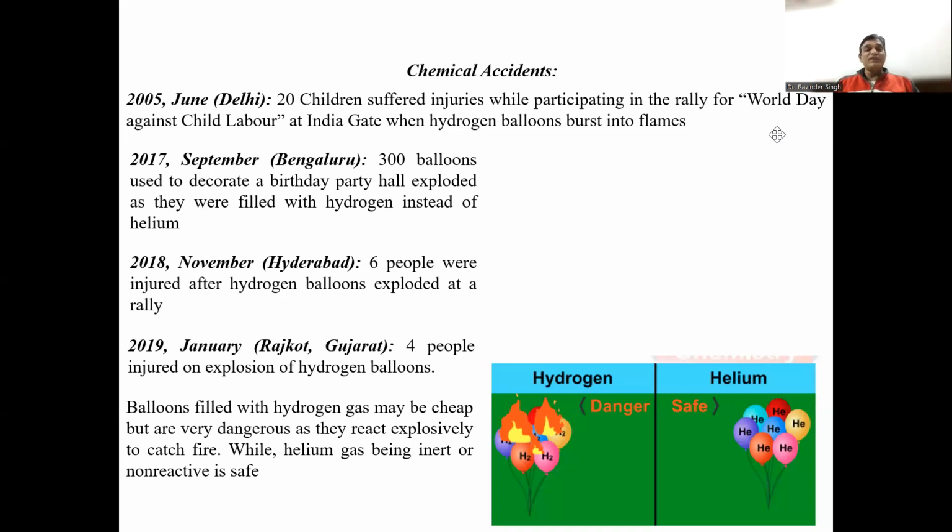Balloons filled with hydrogen gas may be cheap but are very dangerous, as they can react explosively and catch fire, while helium gas, as we know, is a group 18 element, inert or non-reactive, and very safe to use for filling balloons.